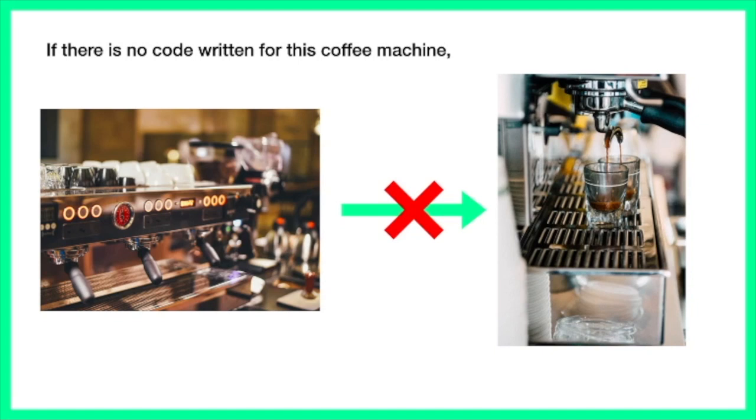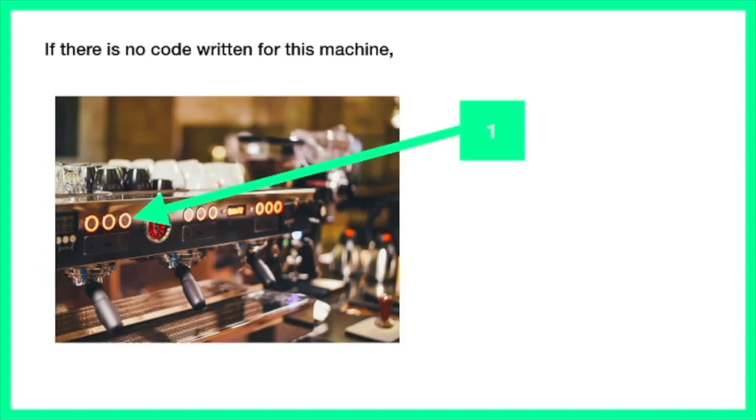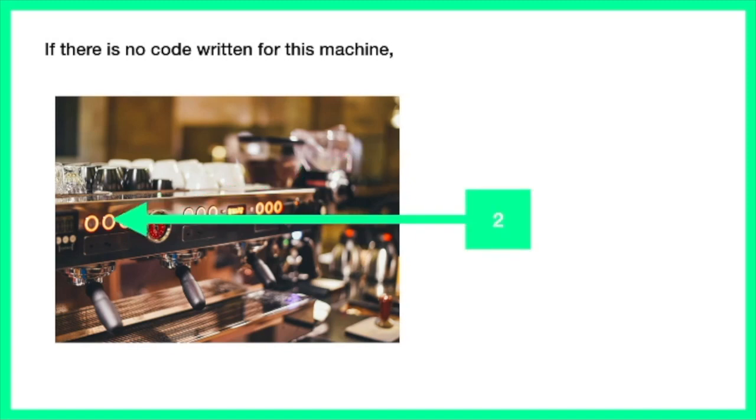That's why it's useless. For example, if there is no code written for this coffee machine, whenever this button is pressed, the coffee machine couldn't boil the water. When this button is being pressed, the coffee machine just couldn't dispense the water. So what is the use of this coffee machine, right?